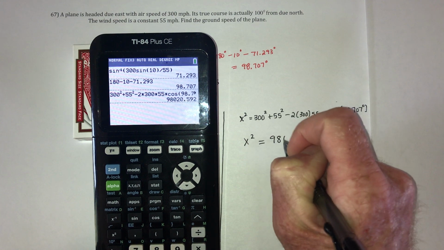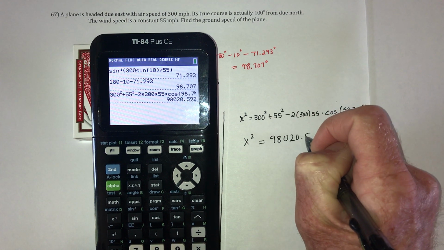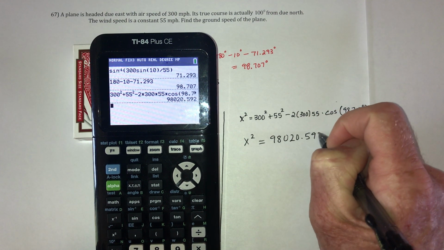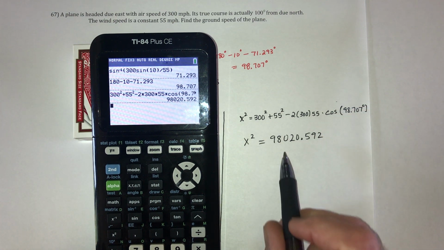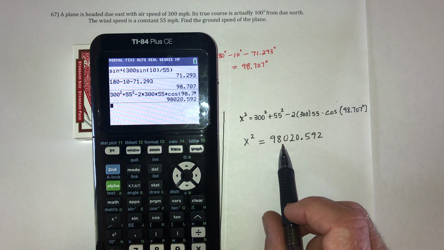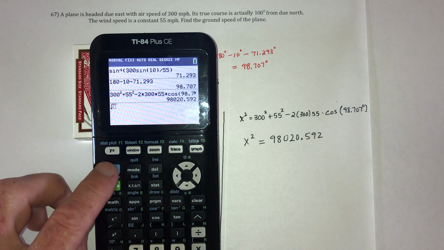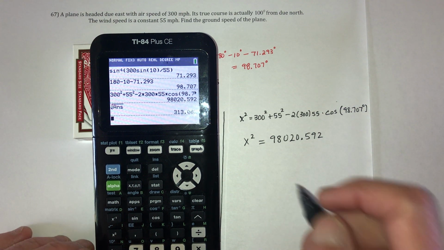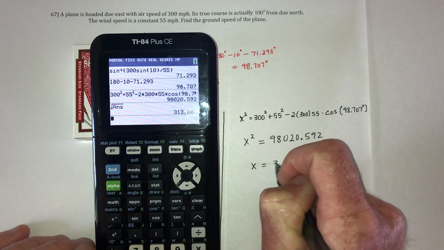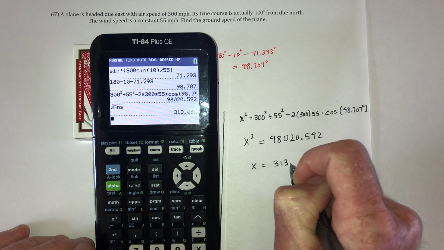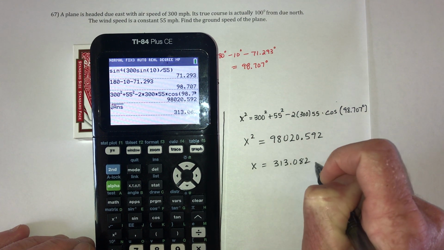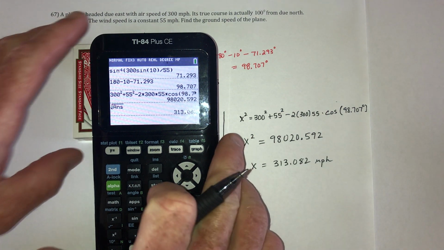So 98,020.592, which sounds like the plane is going 98,000 miles an hour, but we still need to take the square root. So take the square root, the last answer. And so it's going 313.082 miles per hour.